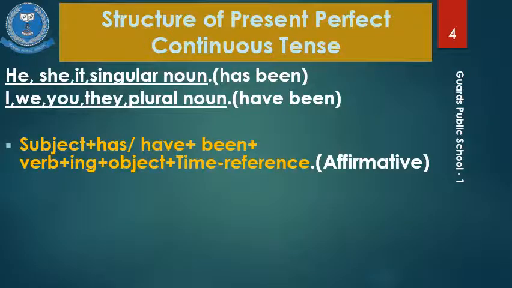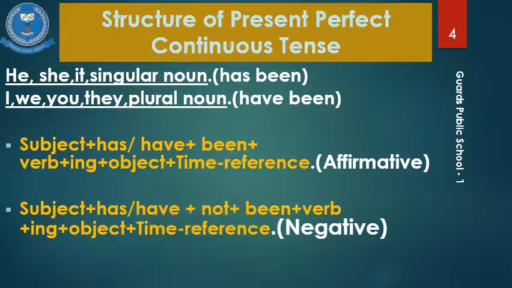In a negative sentence, we write the subject in the beginning, then we write has or have according to the subject, and then not. After not, write been and then add the ing form of the verb, write the object after the verb, and the time reference in the end.